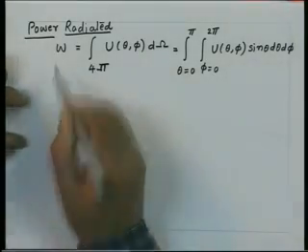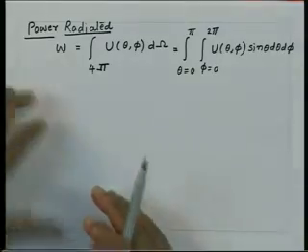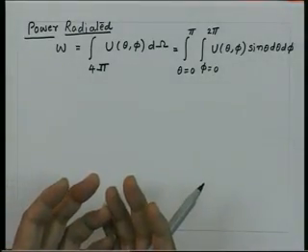So, what is the average radiation intensity? This is the power now which is going to get uniformly distributed in all directions, and if I take the total solid angle in all directions, it is 4 pi. So, the average radiation intensity will be this quantity divided by 4 pi.